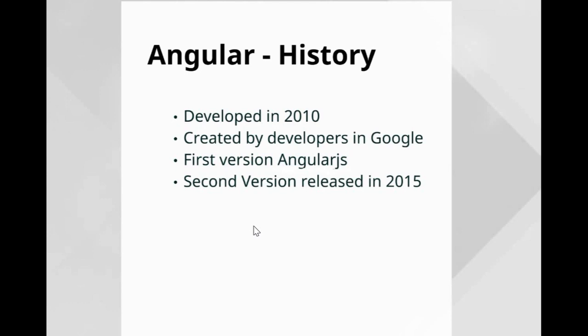So if you guys were ever confused between the two, between AngularJS and Angular, then there's the difference. Version 2 or higher is known as Angular. And there's actually a really big difference between AngularJS and Angular as well. But for the basics and for this video, let's just leave it at that.